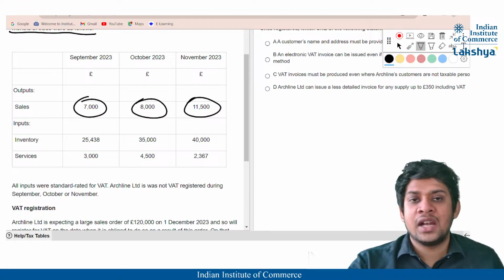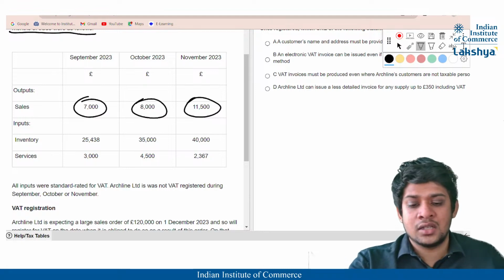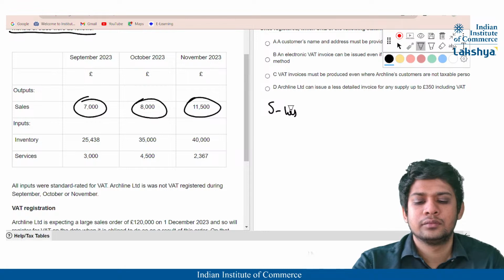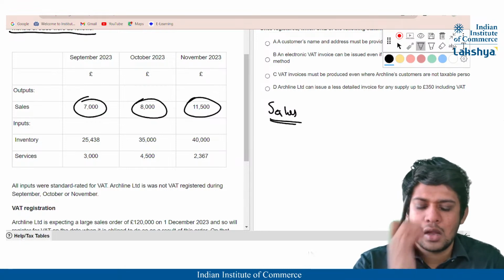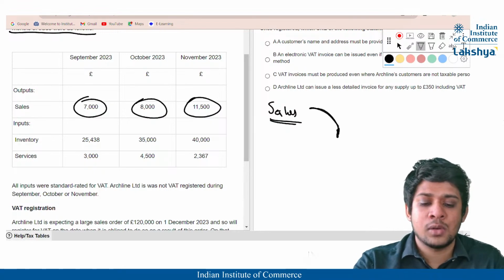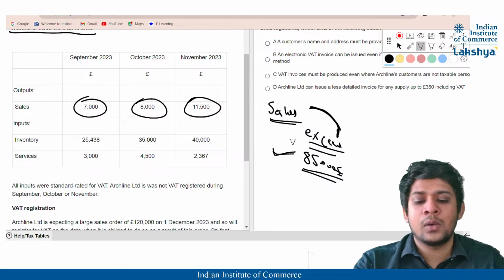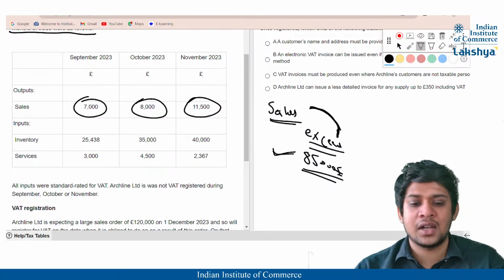Always remember, guys, whenever the sales of the company of the current and the past 12 months exceed 85,000 pounds, it becomes a mandatory requirement for the company to register for VAT.